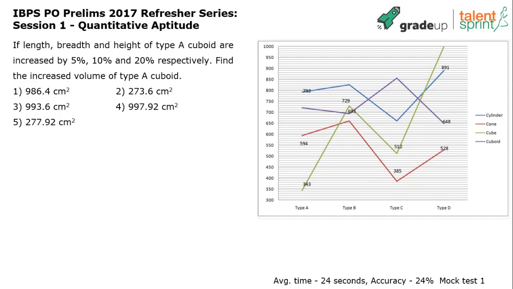Good. This is an interesting one. He's given us the change in the length, in the breadth and in the height of a type A cuboid: 5, 10 and 20 respectively. Right? All these 3 dimensions have increased. So find the increased volume of cuboid. I'm sure you can solve this question in about 45 seconds, not more than that. 45 seconds is more than enough for you to get the answer.